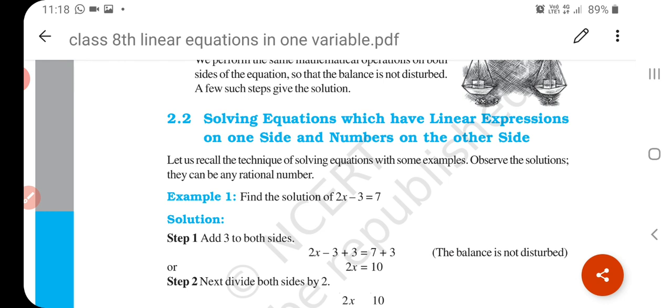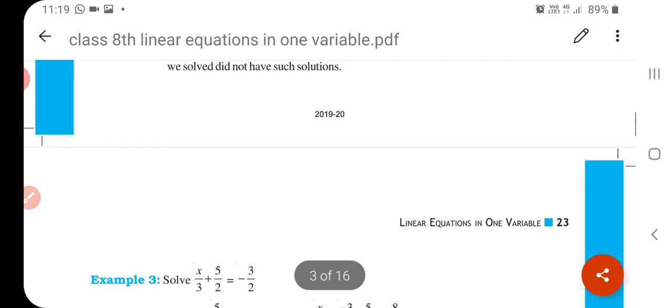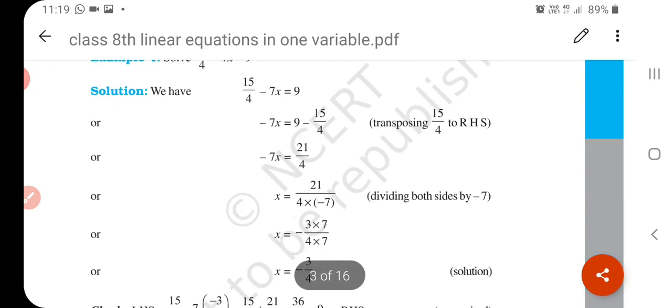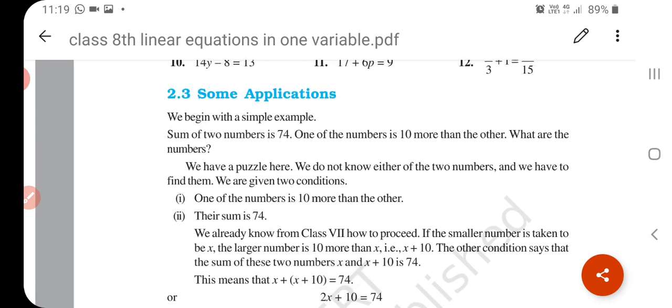If you want to balance the equation, then add the same number to both sides of the equation, subtract the same number from both sides, multiply both sides by the same non-zero number, divide both sides by the same non-zero number. The number will be non-zero. So you have to solve these equations with balancing method. And another method we have learned is called transposition method.